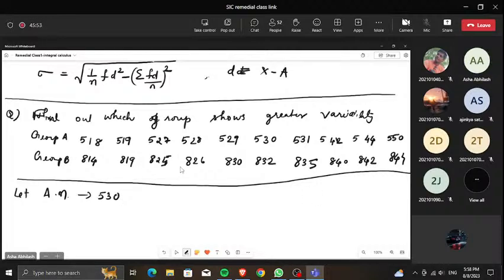Let the assumed mean be equal to 530 because the numbers are bigger, so we can solve the problem by using the assumed mean method. Now we can write here the formula for finding the coefficient of variation.